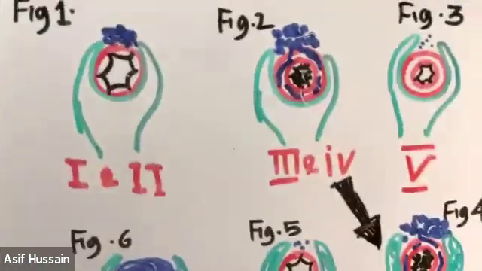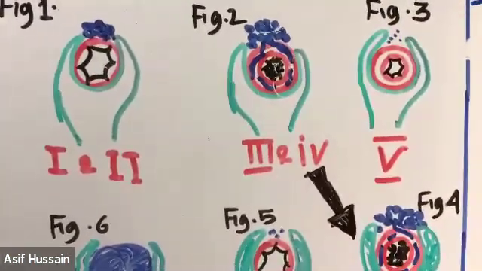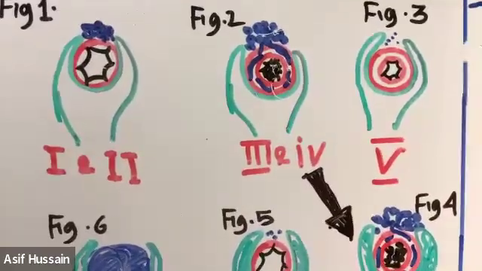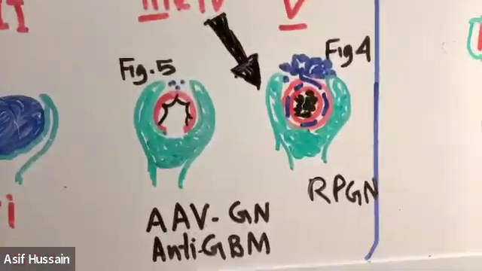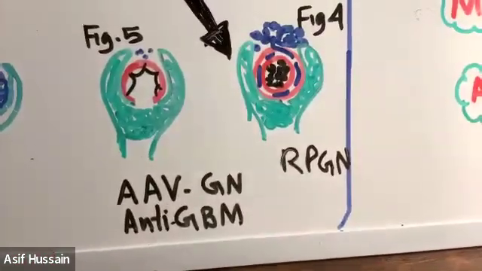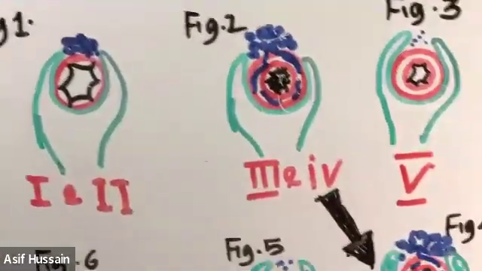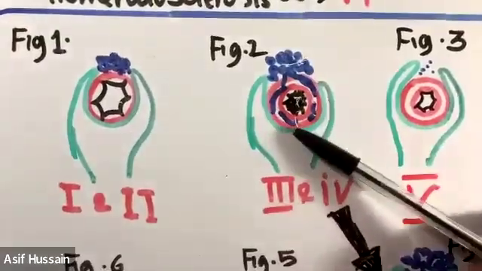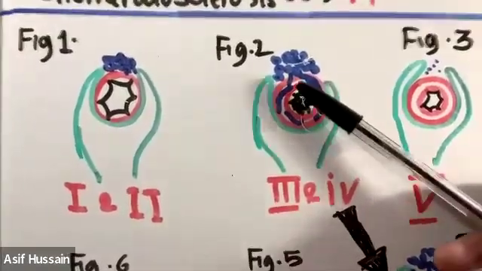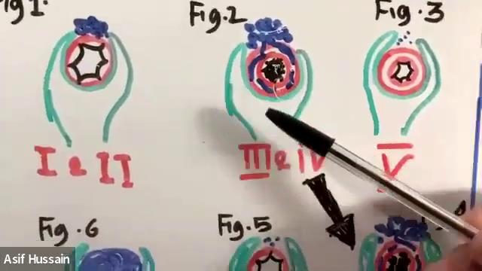Now, stage 3 and stage 4, when they are severe enough, in 5 to 10% of cases of glomerular lupus nephritis can progress to rapidly progressive glomerulonephritis, or they can make crescents as well. Compare figure 2 and figure 4. In figure 2, the mesangium has proliferated, the capillary endothelium has proliferated, and the membrane has thickened and become leaky. This is stage 3 and stage 4.